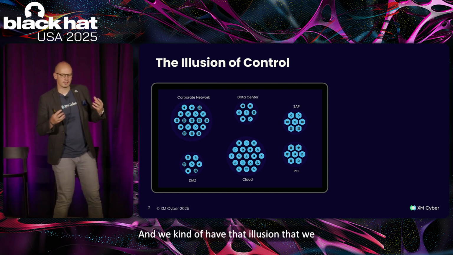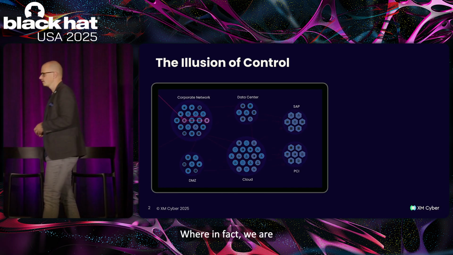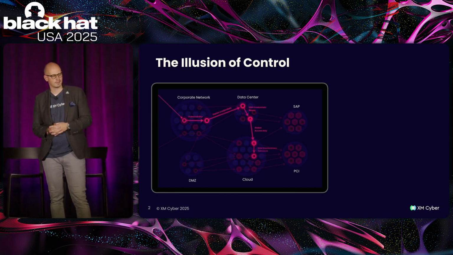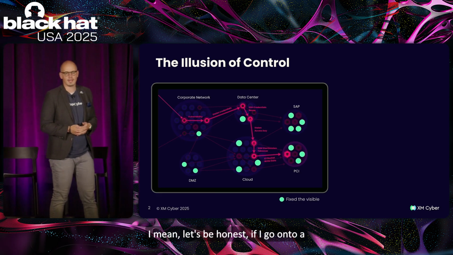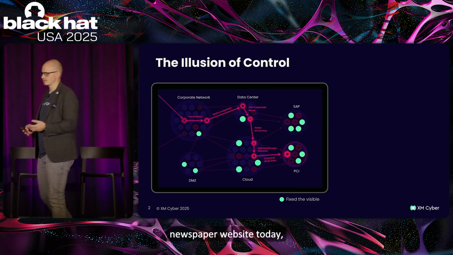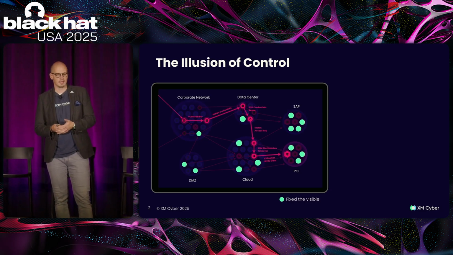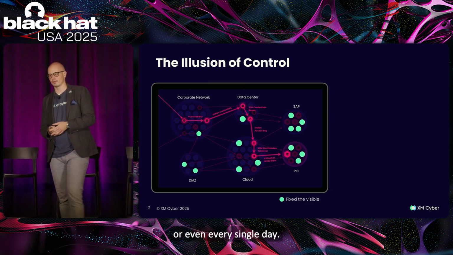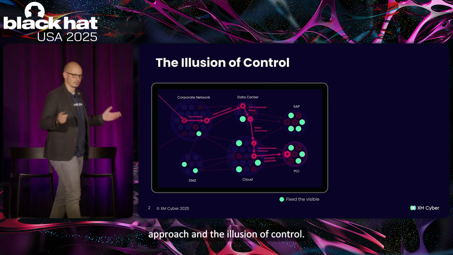And we have that illusion that we are controlling our environment, where in fact we are not really, in the way that attacks still happen. Let's be honest, if I go onto a newspaper website today, I'll most probably read about a new breach here and there and everywhere, likely every single week or even every single day. And there's a huge problem with the approach and the illusion of control.